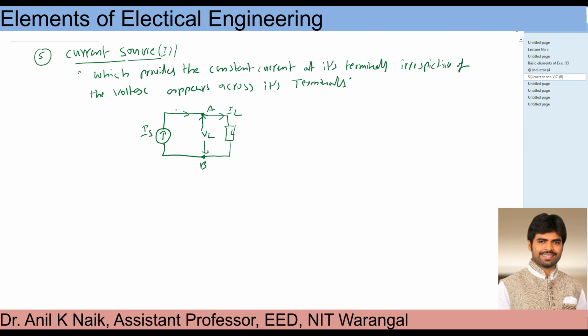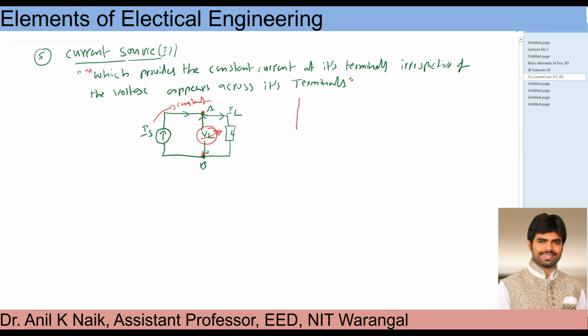My definition here is that I need to maintain a constant current across these terminals irrespective of my voltage variation. Irrespective of the voltage variation, my current source has to give a constant current. That is the meaning of this statement.